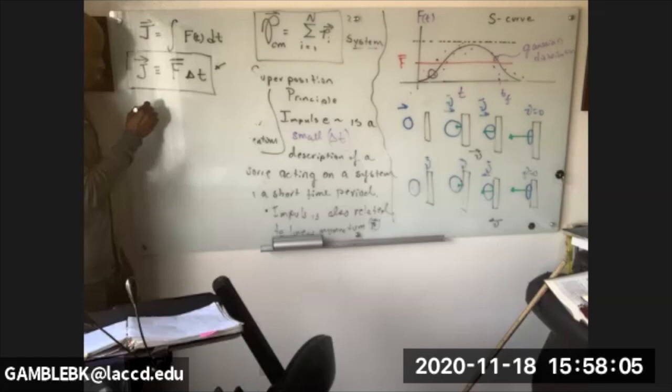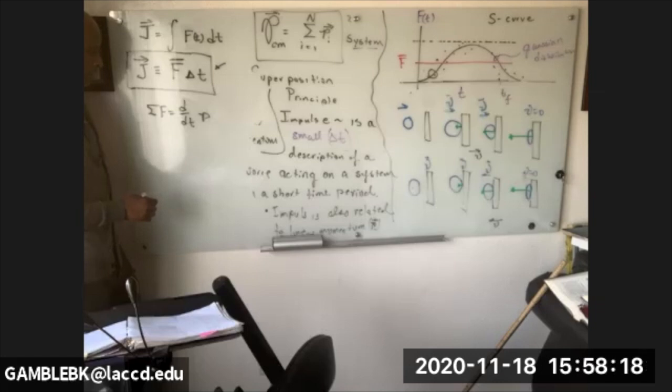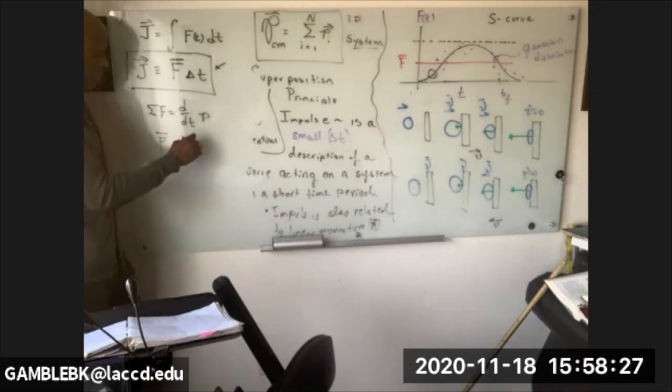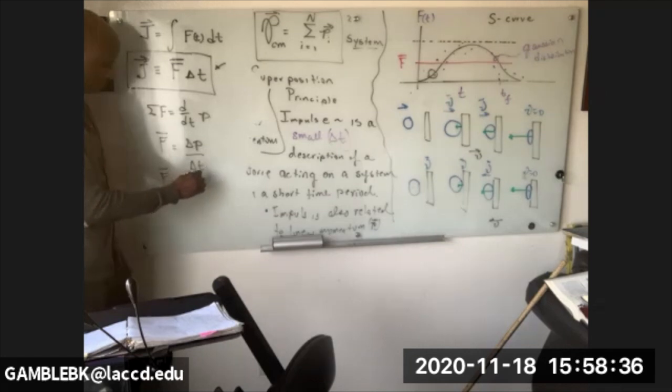If we start with Newton's second law, that the net force on an object is equal to the time rate of change of momentum, realizing that if the force is an average force, then we can say that the average force is equal to delta P, the change in momentum, over a change in time. So then we take it over: average force times delta T equals a change in momentum.